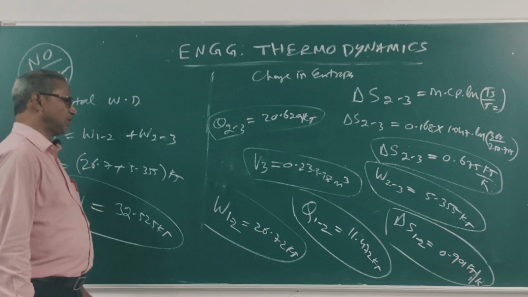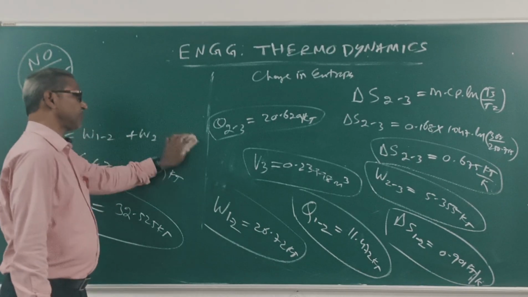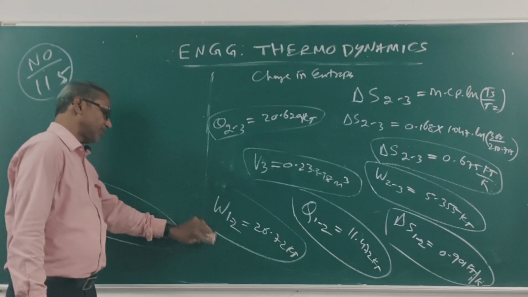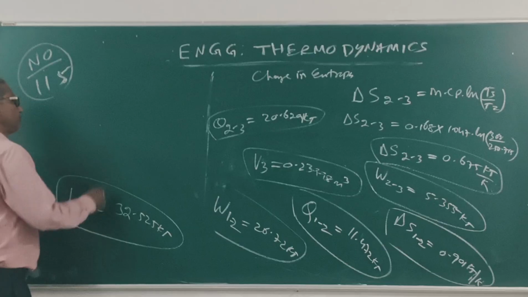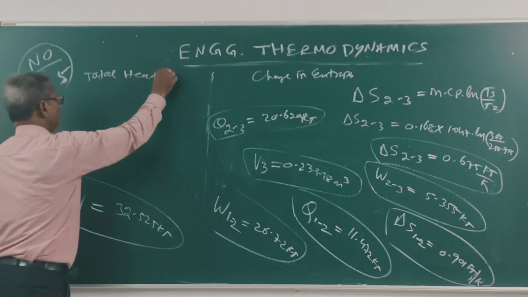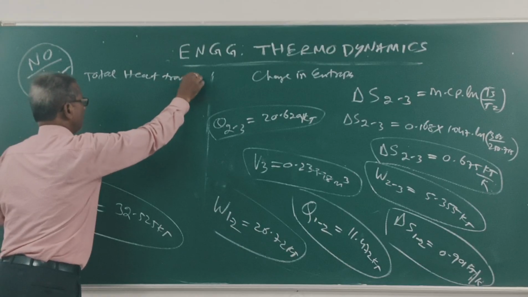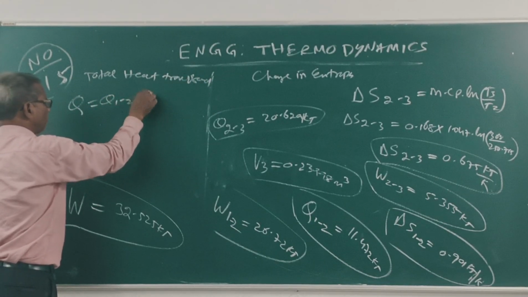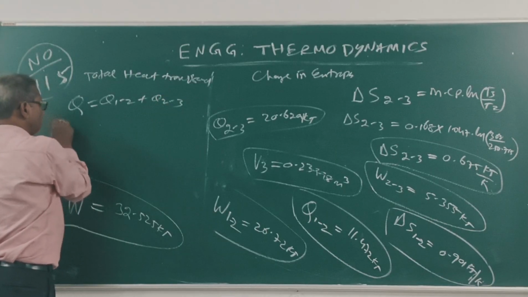Next, total heat transfer. Q is equal to Q12 plus Q23.